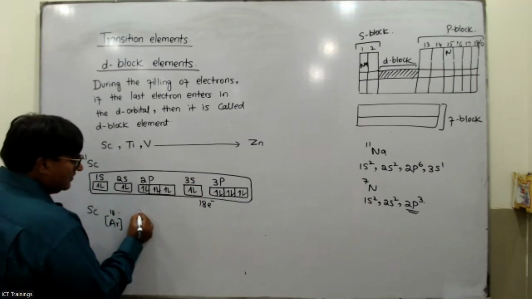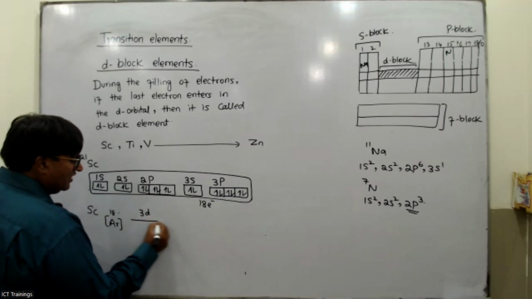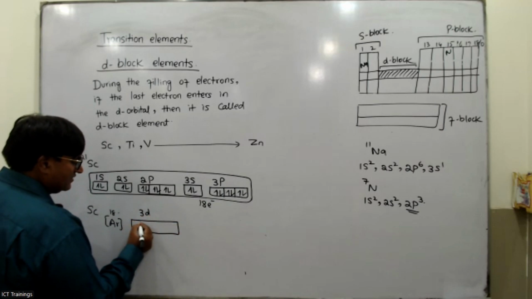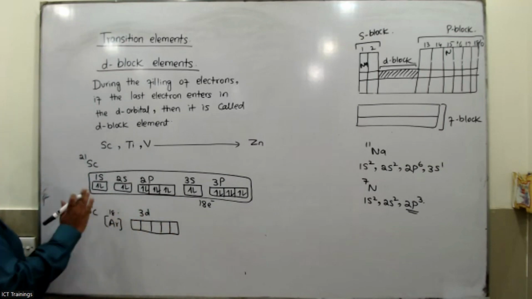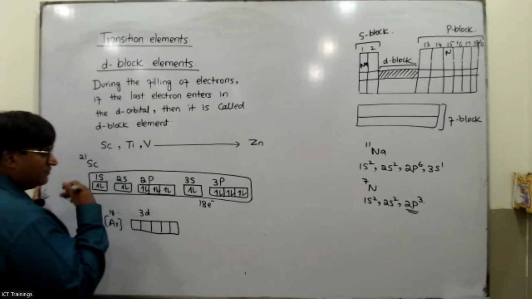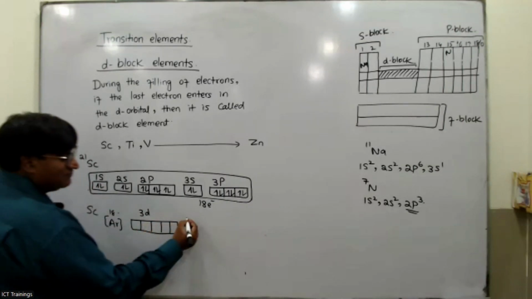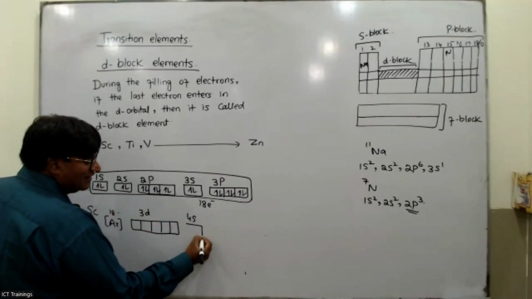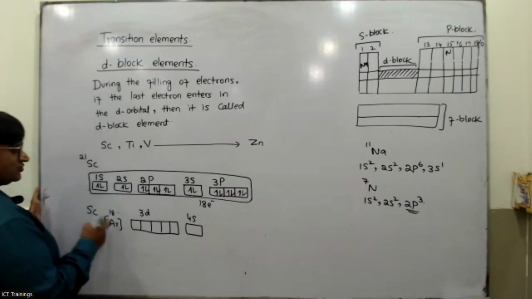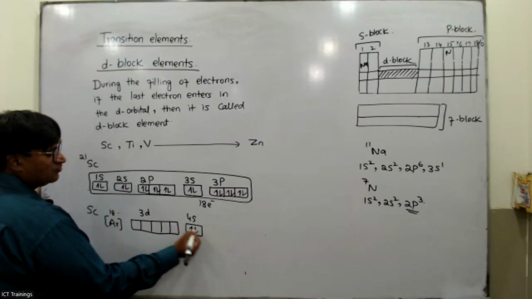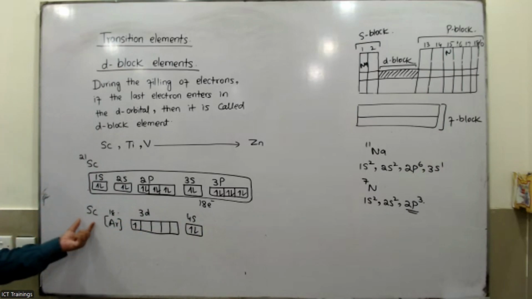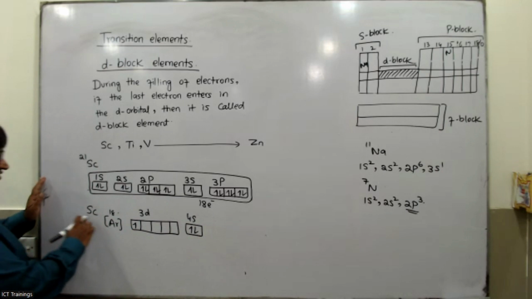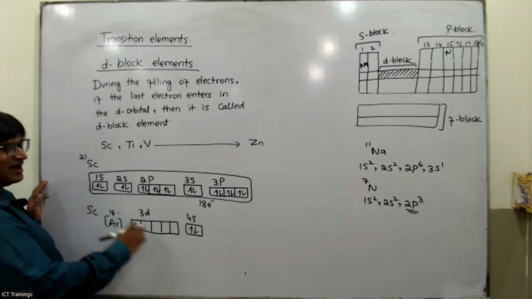And after 3p, you get the 3d like that. But you are not going to fill the D first. Before filling every D subshell, you have to fill the S subshell of the next shell. So 18, 19, 20, 21. This is the electronic configuration of scandium. You should draw the electronic configuration in that way.